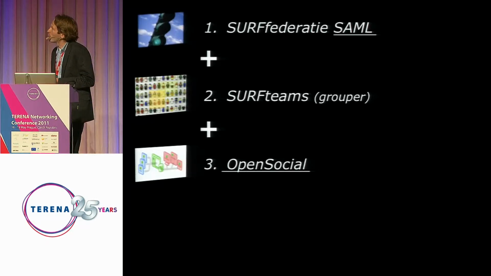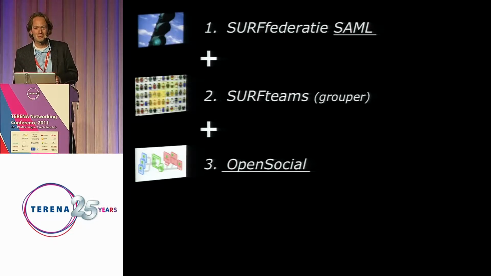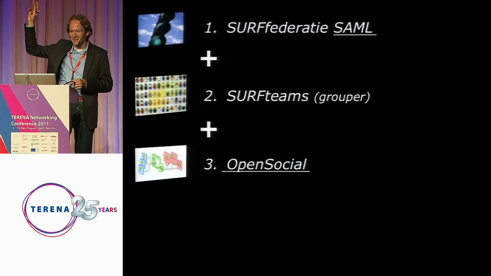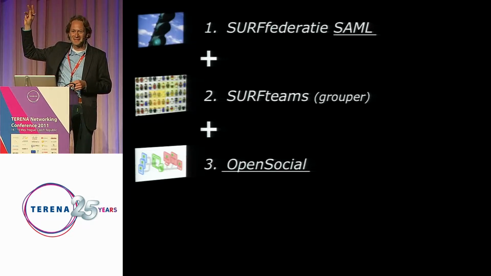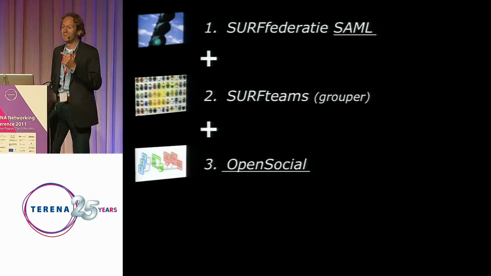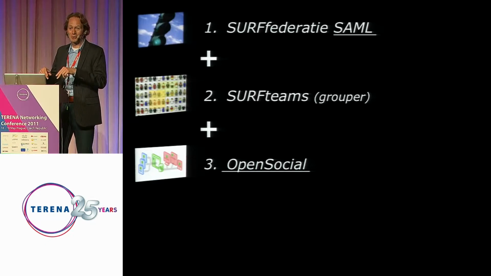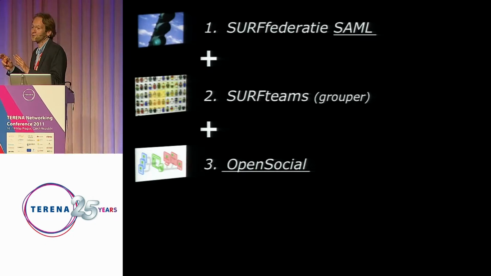The third building block is OpenSocial. So how many of you are actually using OpenSocial? Please raise your hands. Oh, liars. You're all using it. Because if you're using LinkedIn or MySpace or Orkut, then under the hood there's OpenSocial. And that actually means 2 things.